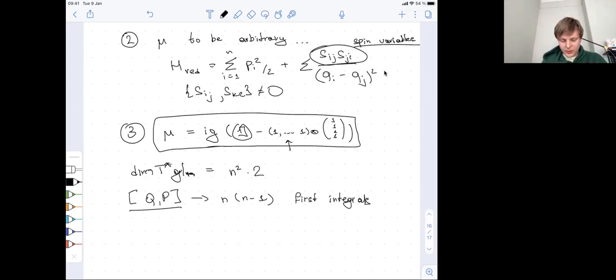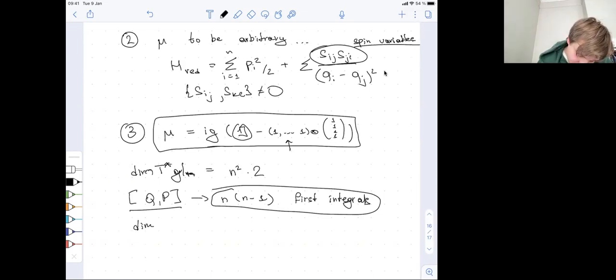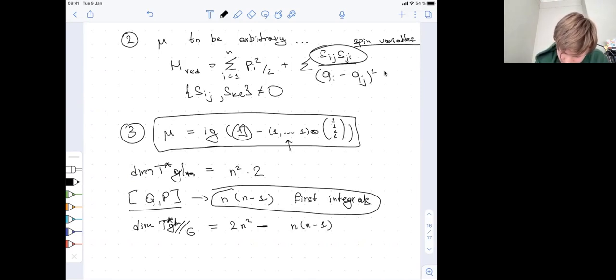Right? And if you just naively do the reduction as you do in a Hamiltonian system, what should the dimension of the reduced space, T star of GLn, be? You take the initial dimension 2n squared and you take out of it the number of first integrals twice, right?